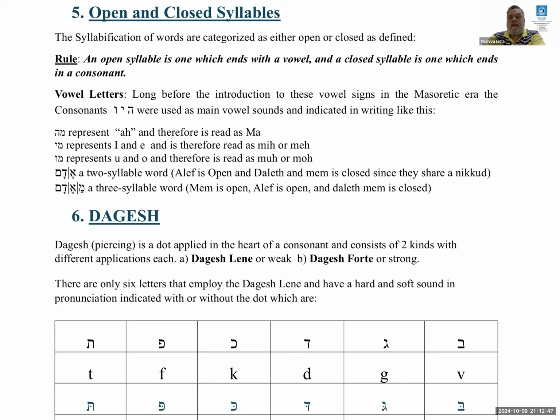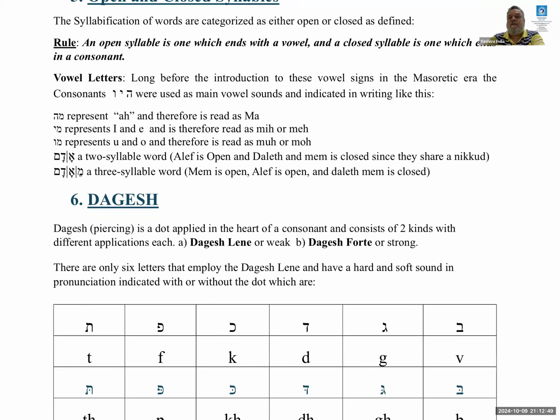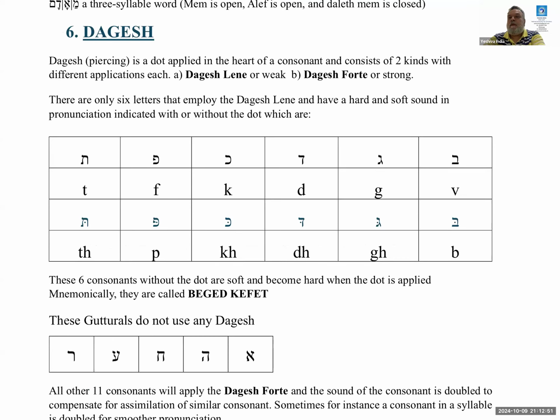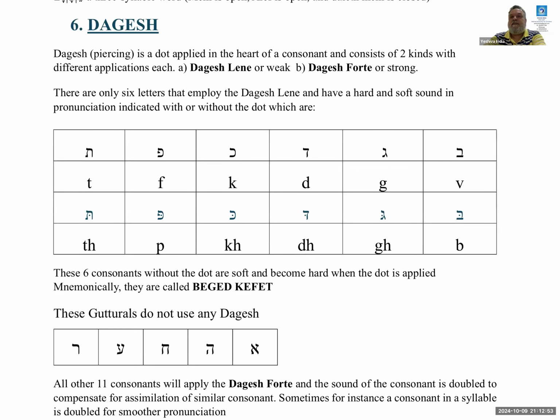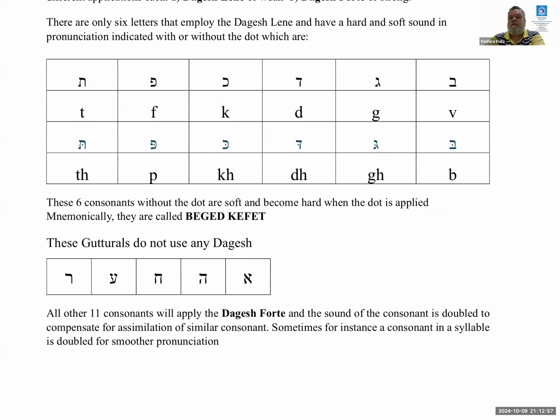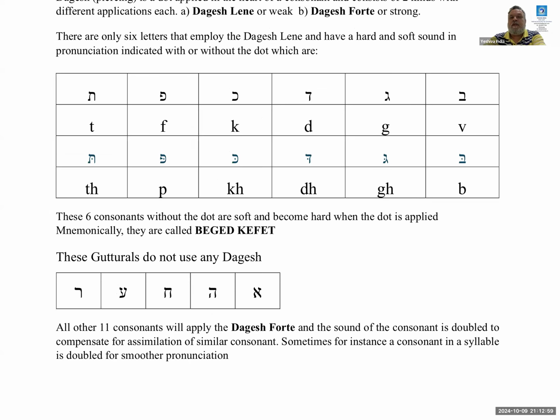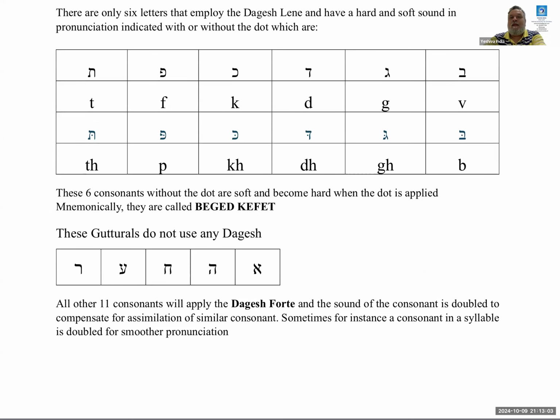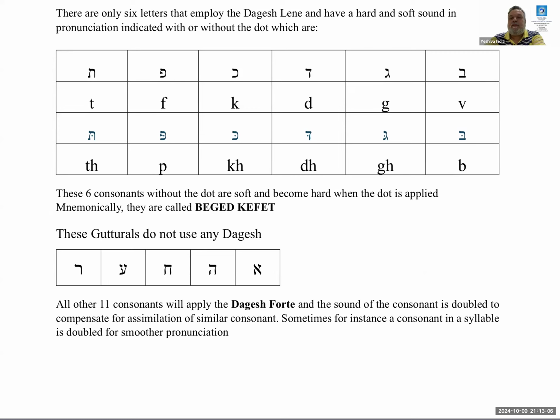Then we learned about the Dagesh Lene and the Dagesh Forte, right? The Beghe, the Kefet sounds. When do we use a Dagesh Lene? When do we use a Dagesh Forte? Six consonants are mnemonically called Beghe, the Kefet. The gutturals do not use any Dagesh: Aleph, He, Chet, Ain, and Resh do not use any Dagesh. Please make a note of this.